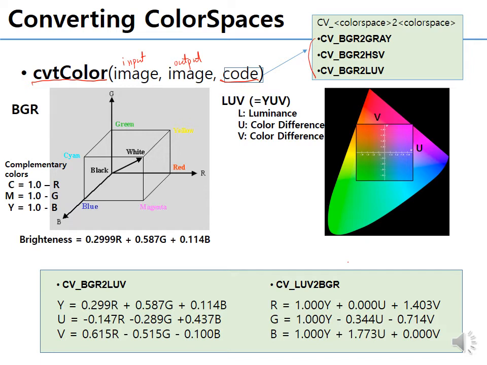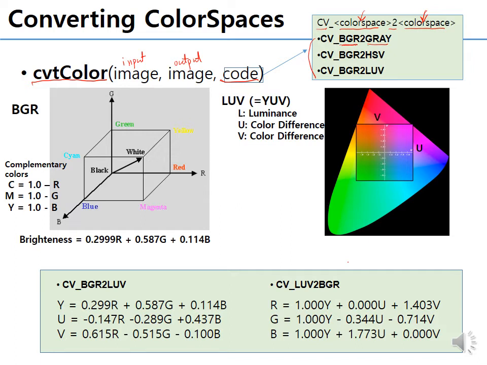Code consists of CV underbar color space to color space. This is the current color space and the destination color space. So CV BGR to gray: BGR color space to grayscale color space.